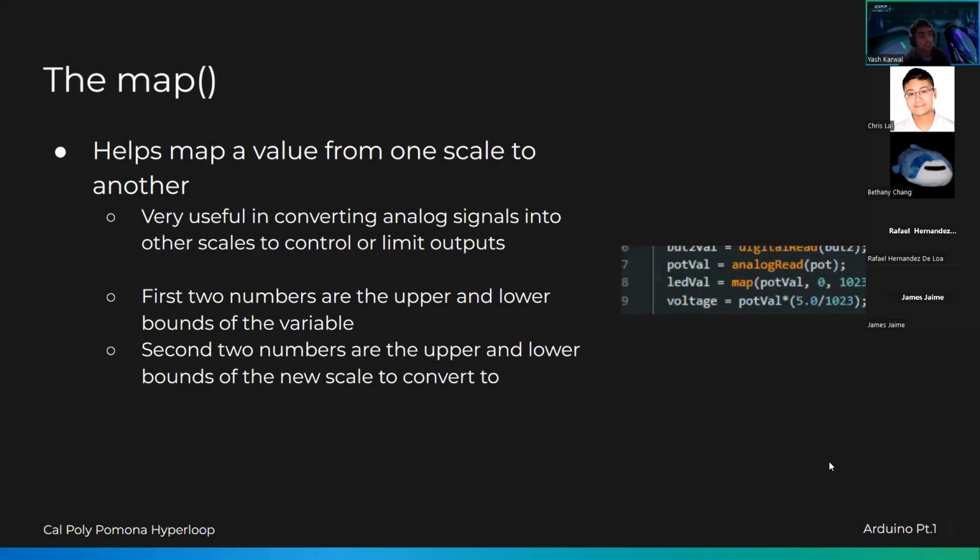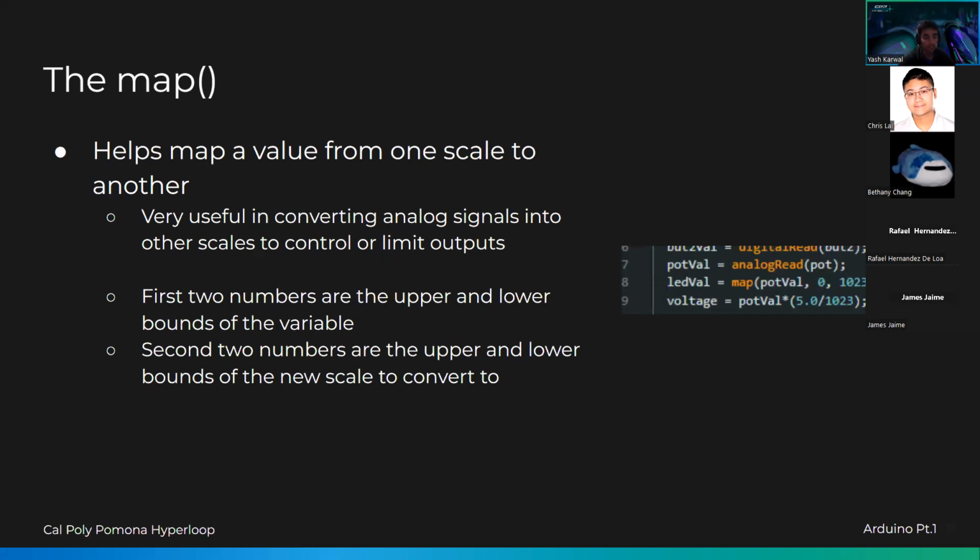All right. Another function that I use quite often is map, and it basically maps a variable that you have a value from one scale to another. So in this example right here, in LED val, I was reading this potentiometer, so it scales from 0 to 1023, and I want to map it to the LED's brightness.